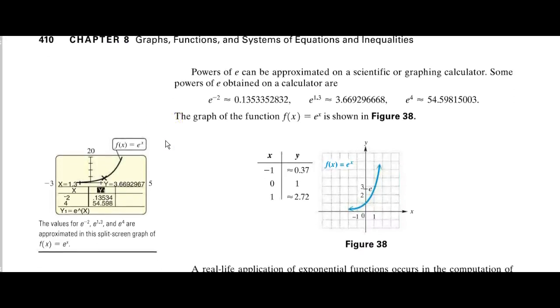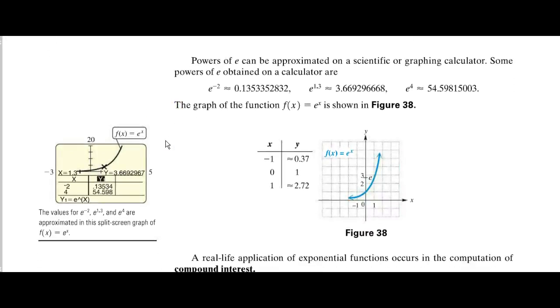Now, most calculators, especially scientific calculators, have the letter e. So you would just put e caret -2, and it would give you this approximation. e caret 1.3, and you get this. e caret 4, and you would get this approximation.